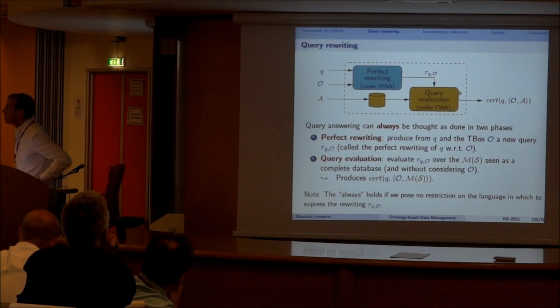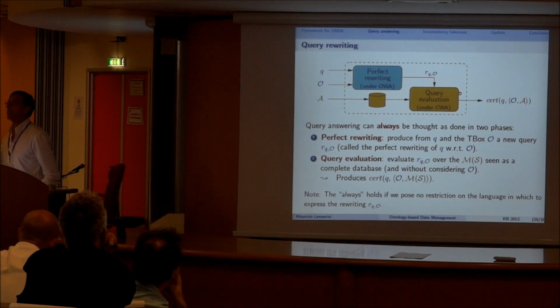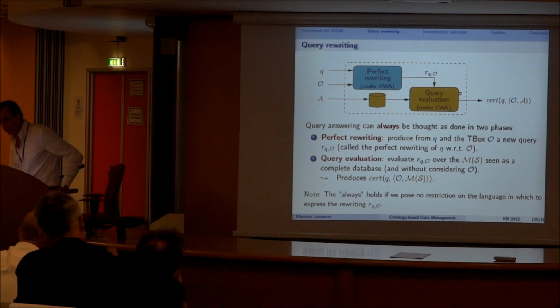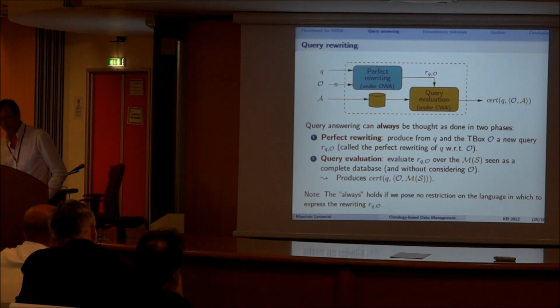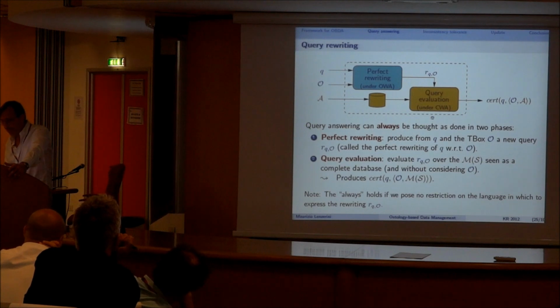The idea that we had was to see if a rewriting approach worked. What is a rewriting approach? When you have an ontology, a query, and the A box A, which might simply be the materialization of a set of facts coming from the data, you can always think of query answering as divided into two steps.